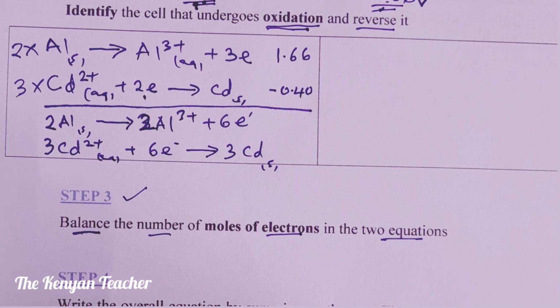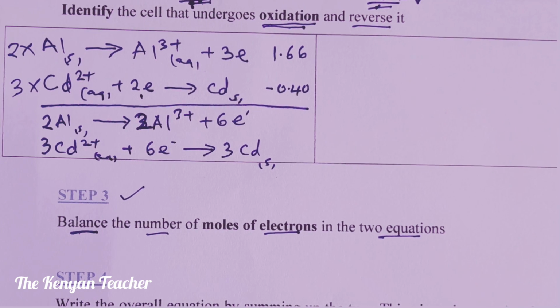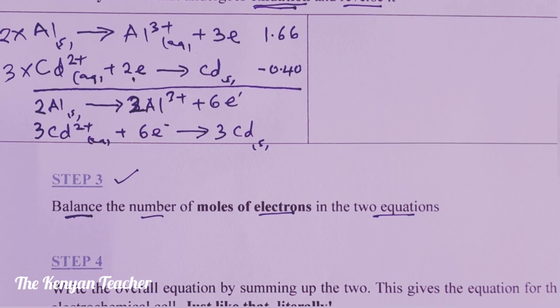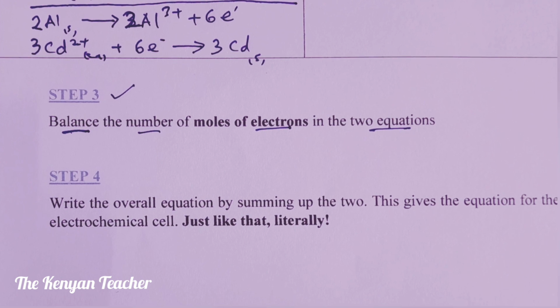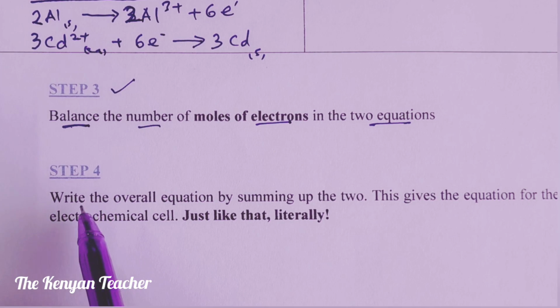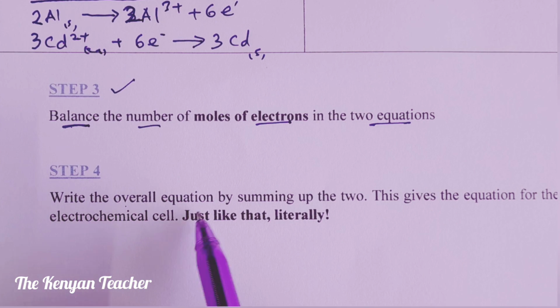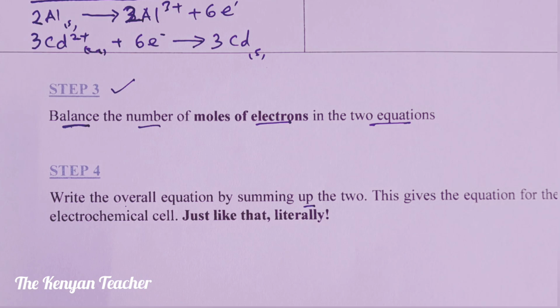So this way, I have balanced the number of moles of the two equations. So what remains is now writing the overall equation. And before we do so, let's have a look at step 4. Step 4 is telling us to write the overall equation. We simply sum up the two.